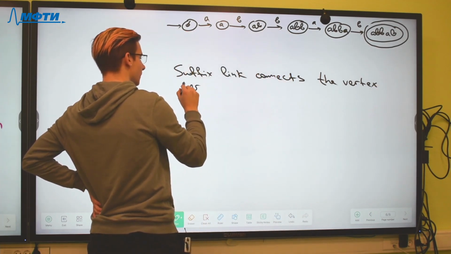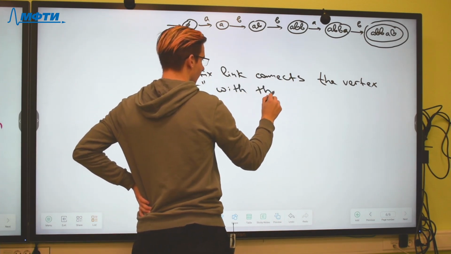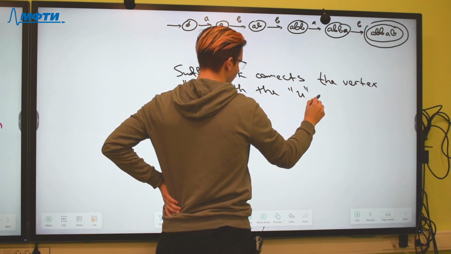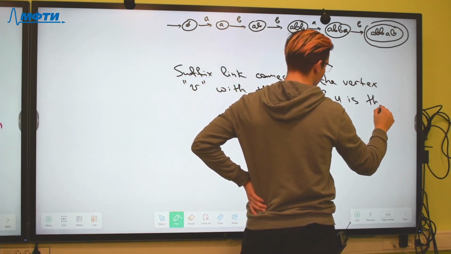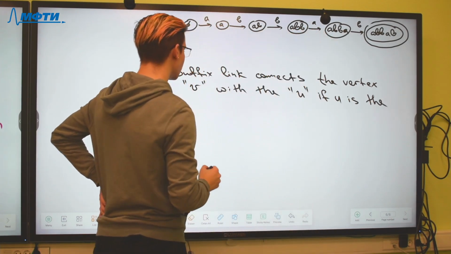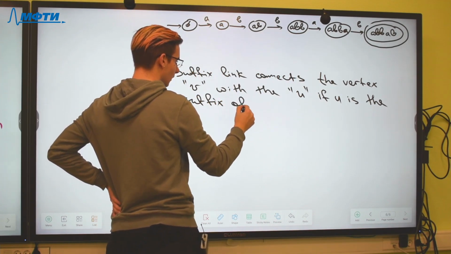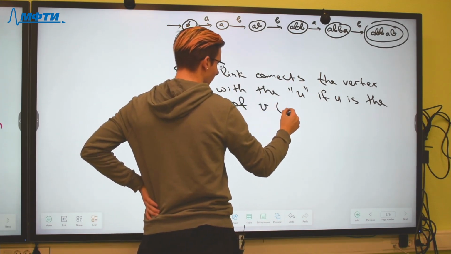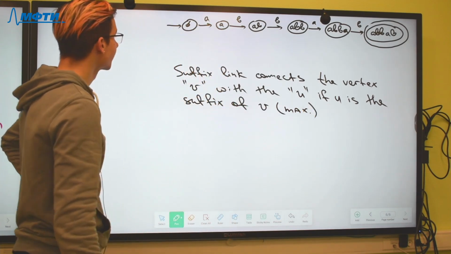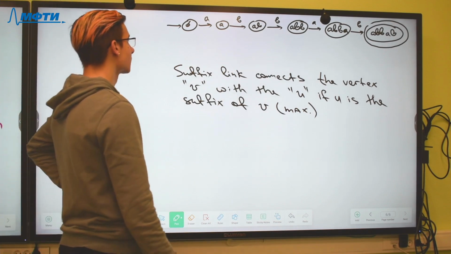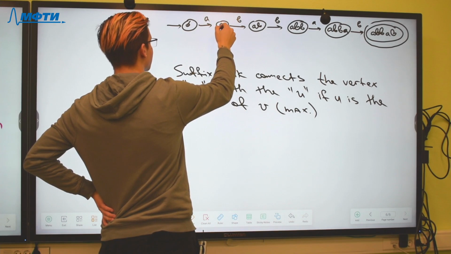the vertex V with the U, if U is the suffix of V, and it is the maximum suffix. For example, we see that for A is the suffix, the maximum suffix.